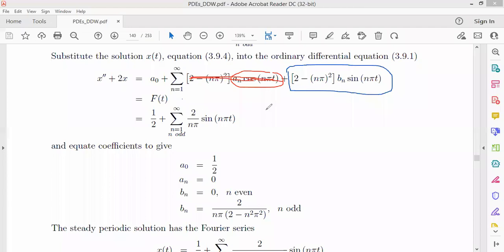Hopefully I'm clear. What I have in blue, remember this is the equation. The equation, which is the right-hand side. What I have in blue here is not the right-hand side, but rather the left-hand side. What I have in blue is the left-hand side, which is this equation.